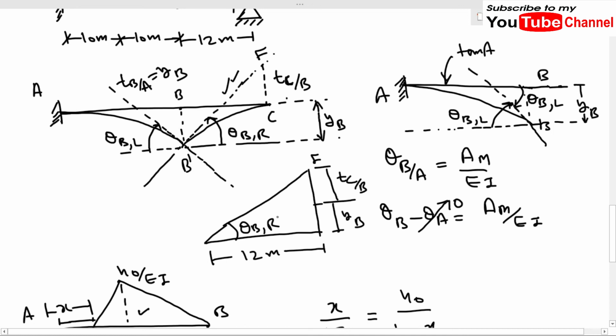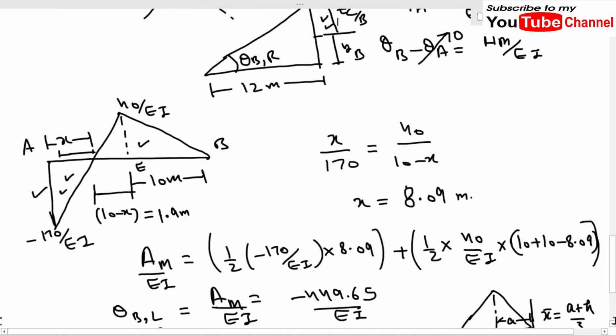So from this triangle we can find out the value of theta B right very easily. We just have to find TC over B, add this TC over B to YB, and then divide it by 12, so we will get the value of theta B right. Okay, so now I think you have understood this very clearly.